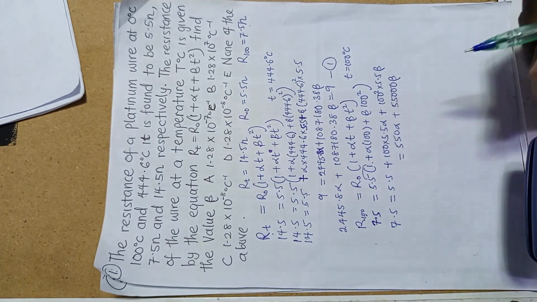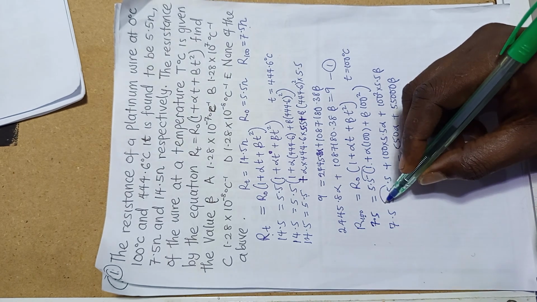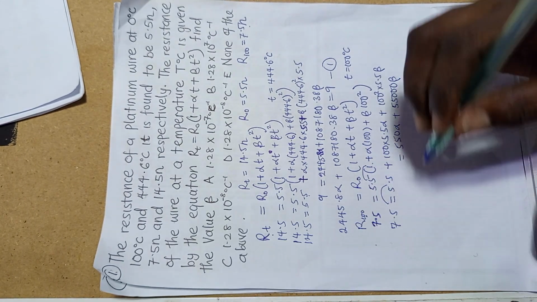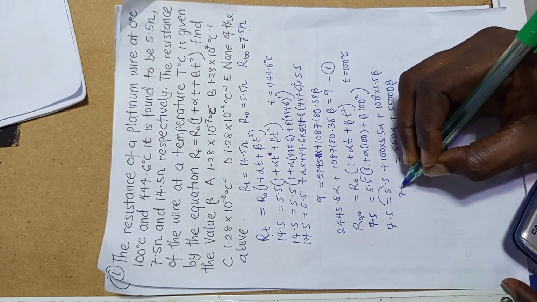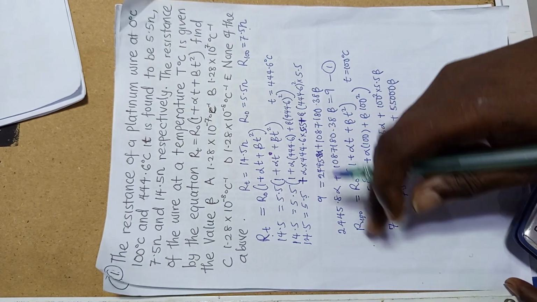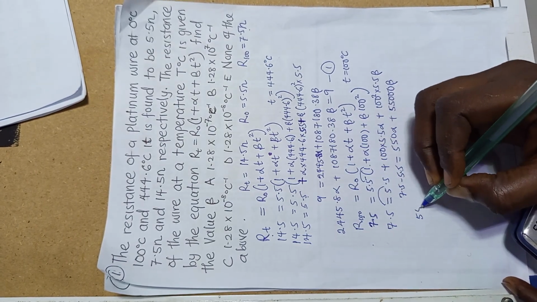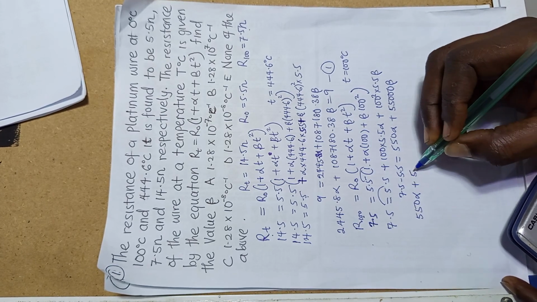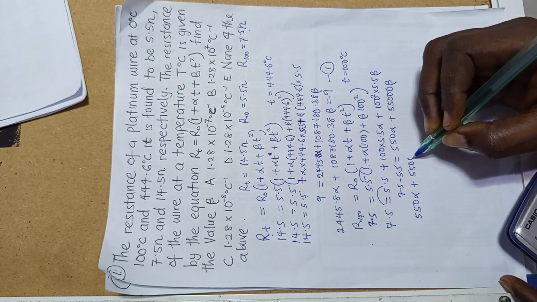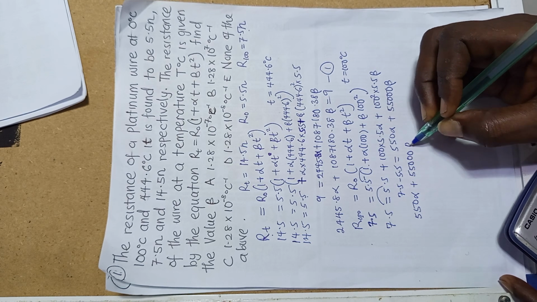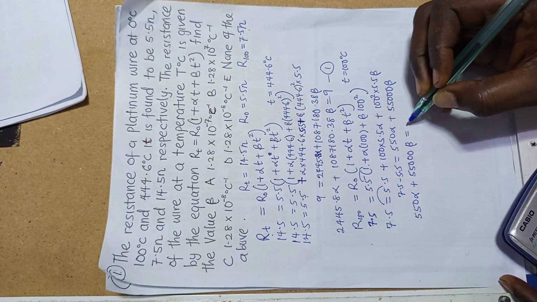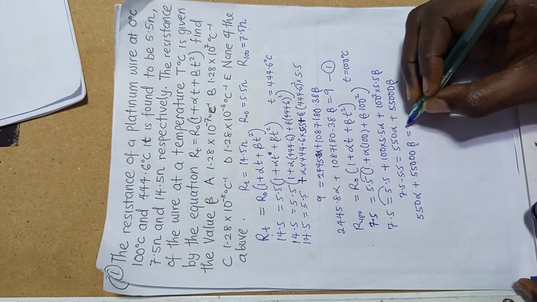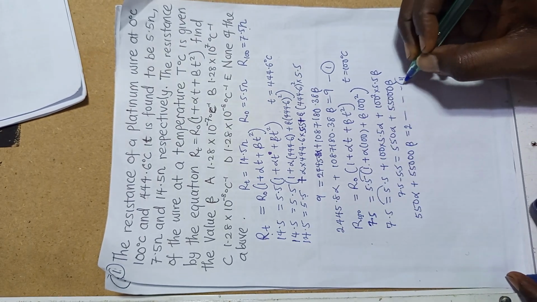This one will go to the other side, so it becomes 7.5 minus 5.5. So I have 550 alpha plus 55000 beta equals 7.5 minus 5.5, which is 2. Just to confirm, that is equation 2.